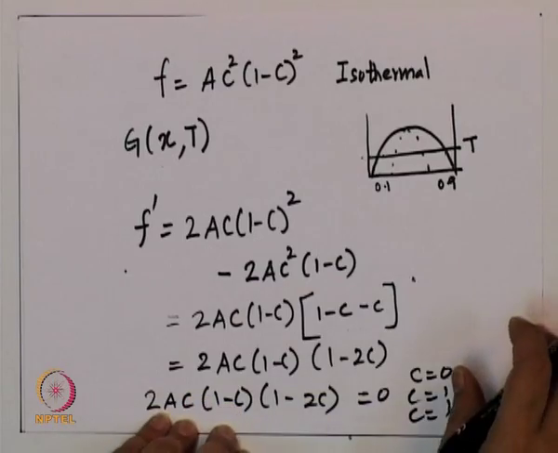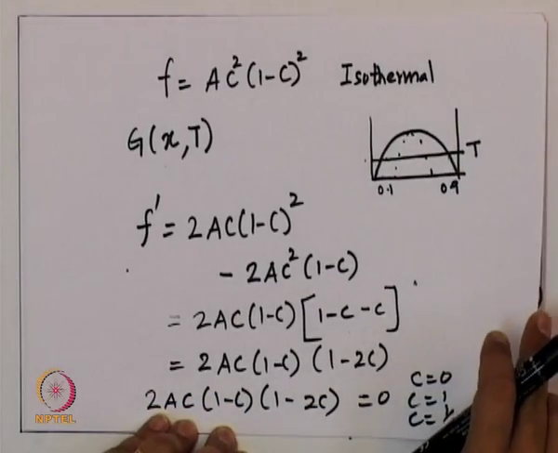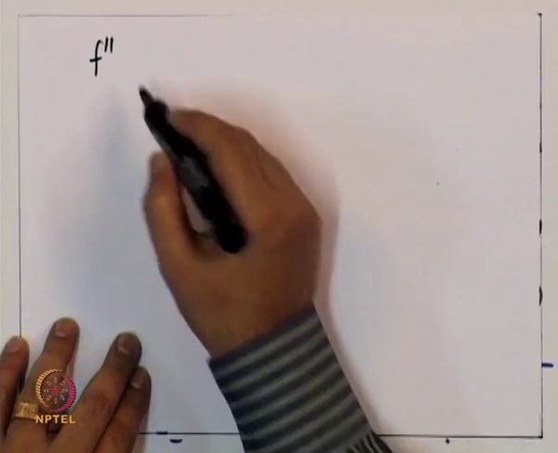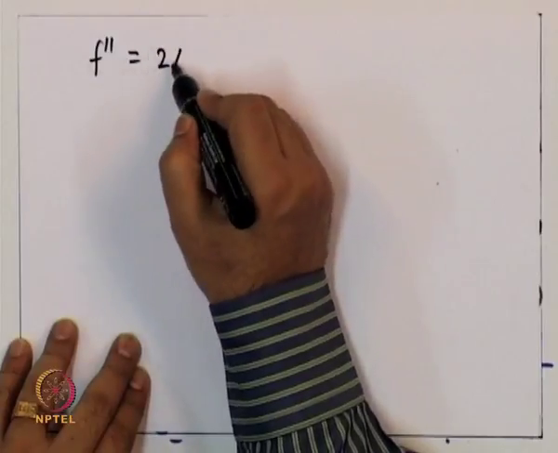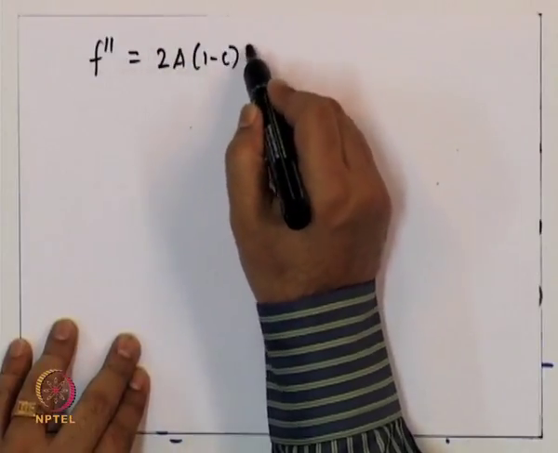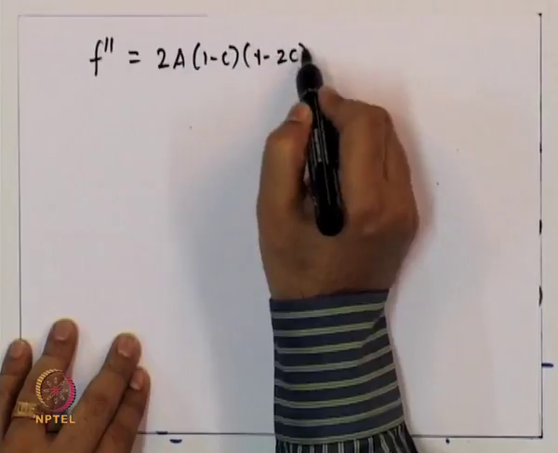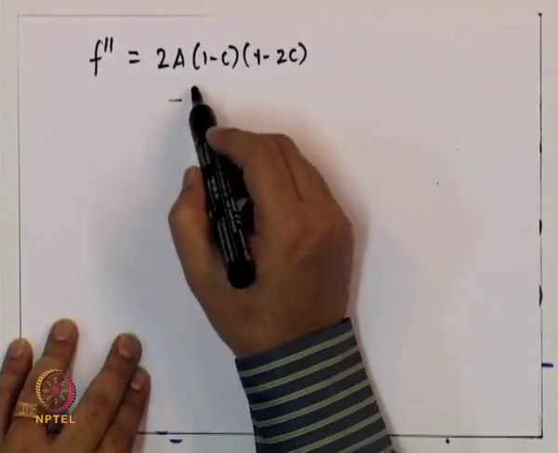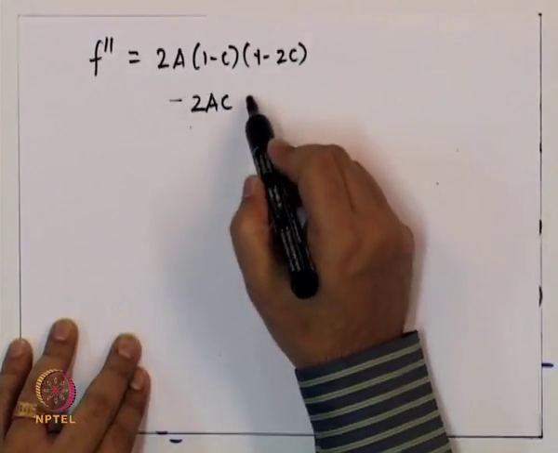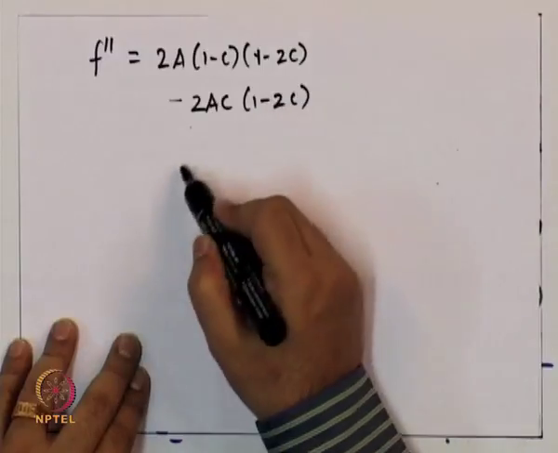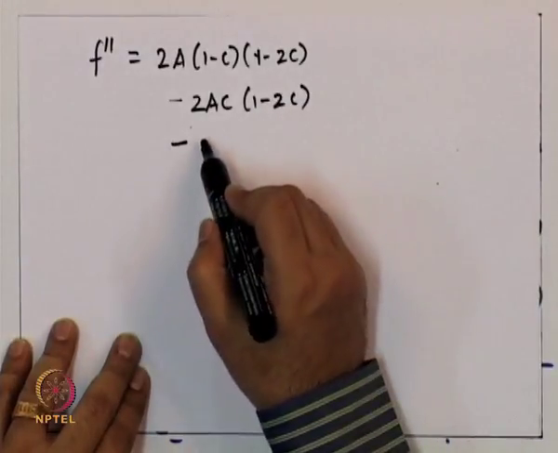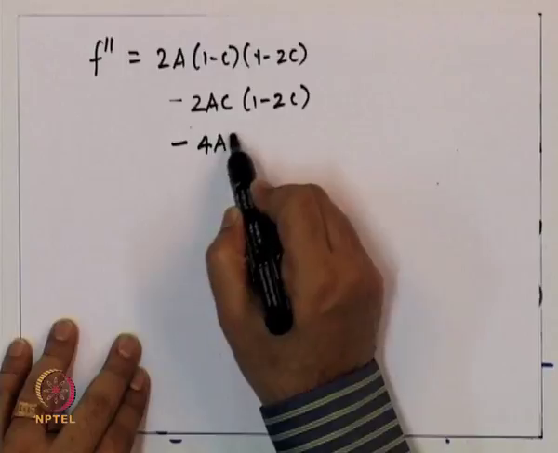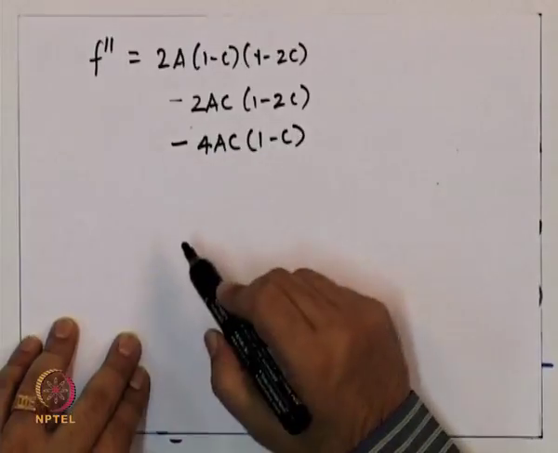Now, I have to take this curve and I have to get the second derivative. So, let us take the second derivative. What is f double prime? F double prime is nothing but 2 A 1 minus c 1 minus 2 c minus 2 A c 1 minus 2 c minus 4 A c 1 minus c.